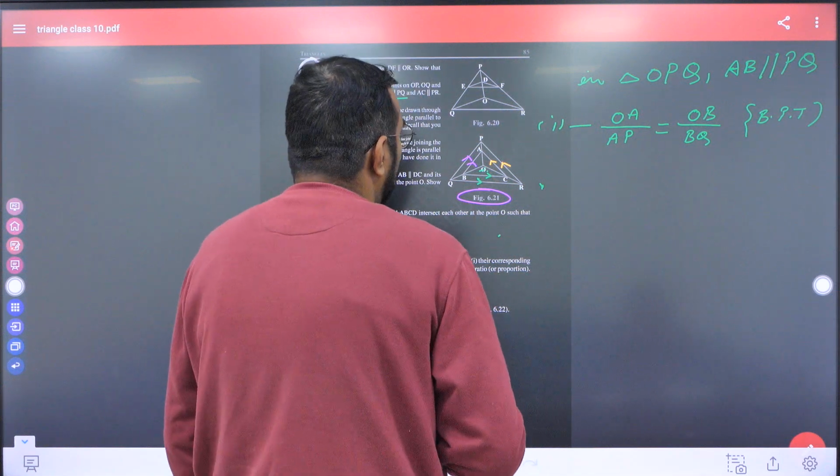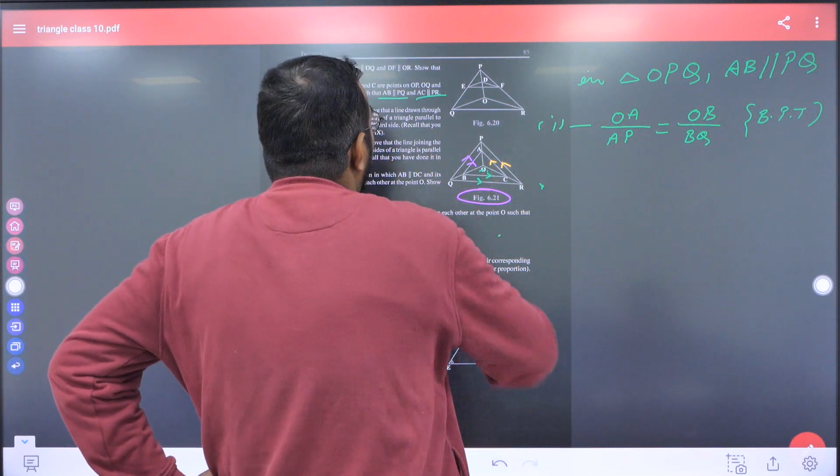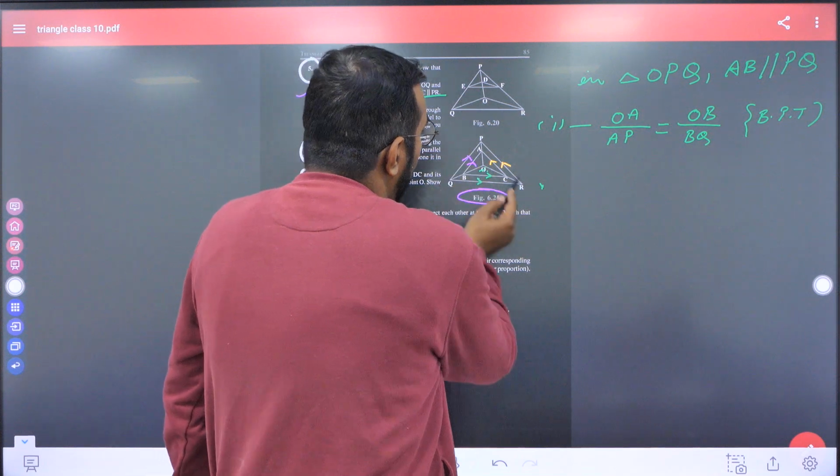Now again, what is given? AC is parallel to PR.